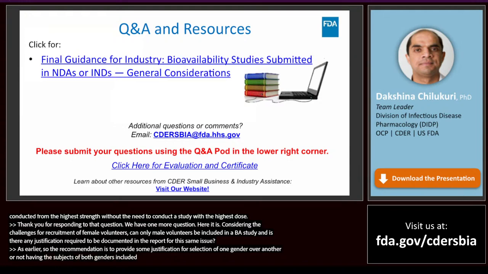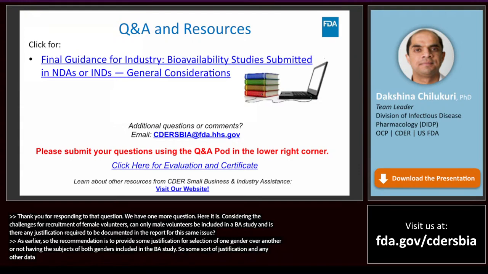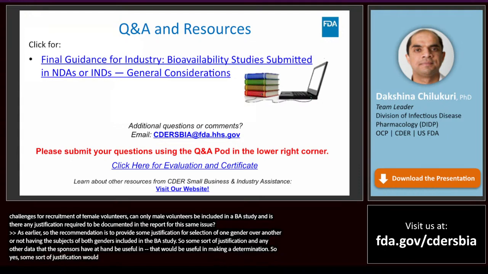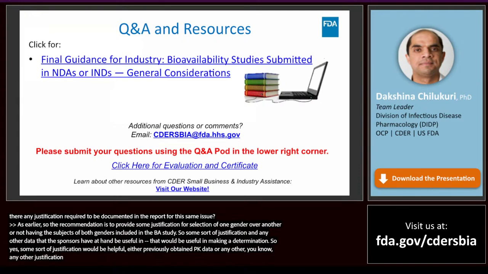So some sort of justification and any other data that the sponsors have at hand would be useful in making a determination whether this would be acceptable or not. So yes, some sort of justification would be helpful, either previously obtained PK data or any other justification that the sponsor could think of. Thank you.